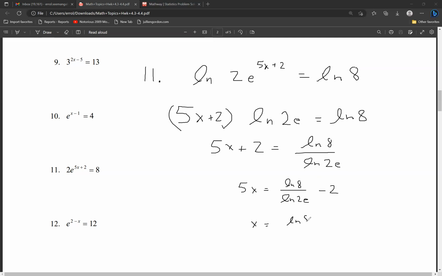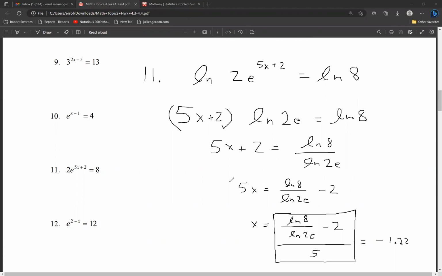Ln 8 divided by ln 2e, minus 2, and the whole thing divided by 5. Like that. They're saying that works out to be negative 1.22? Something like that. So just play around with your calculator to see if you can get this to equal that.